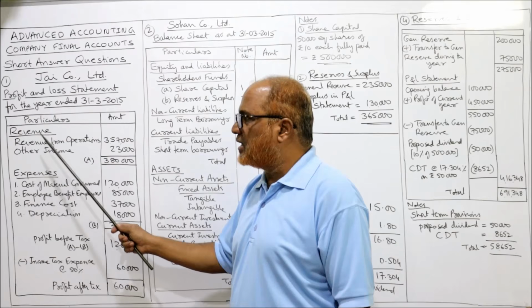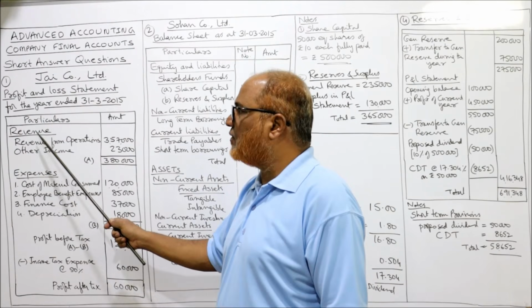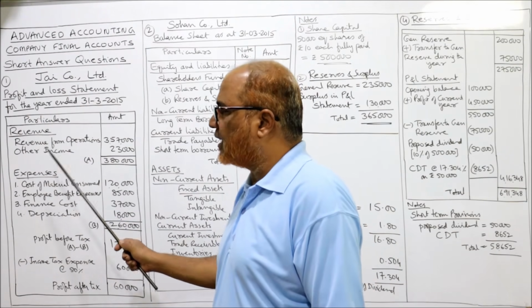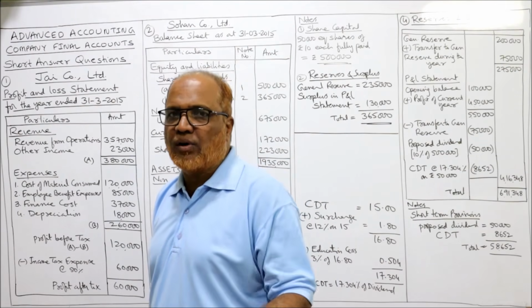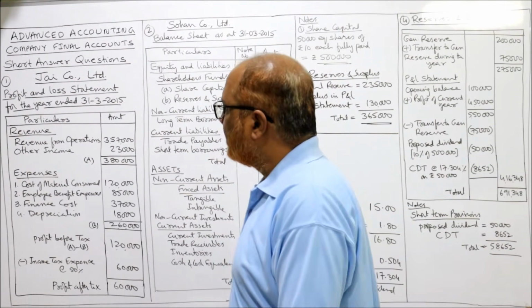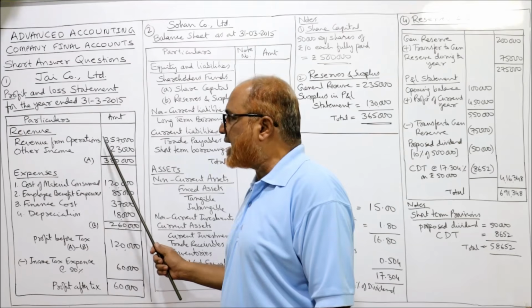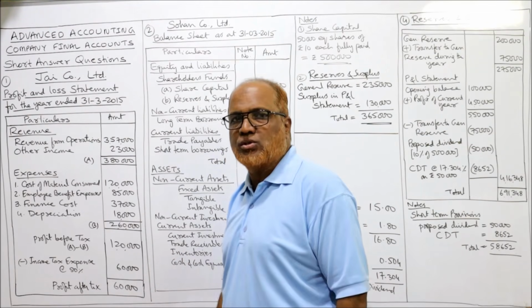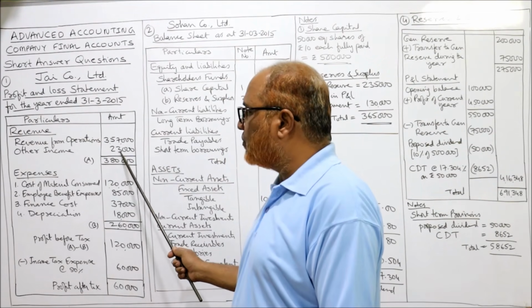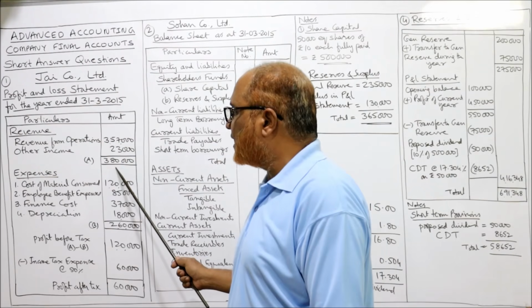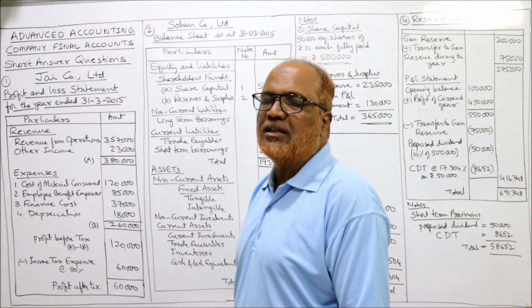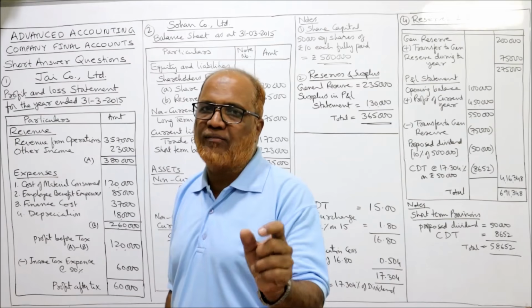Under revenue we take revenue from operations and other income. All the details we have already discussed in the theory session. Revenue from operations is directly given in the problem, 3,57,000, and other income is 23,000. The total is 3,80,000. 3,80,000 is the total of revenue.